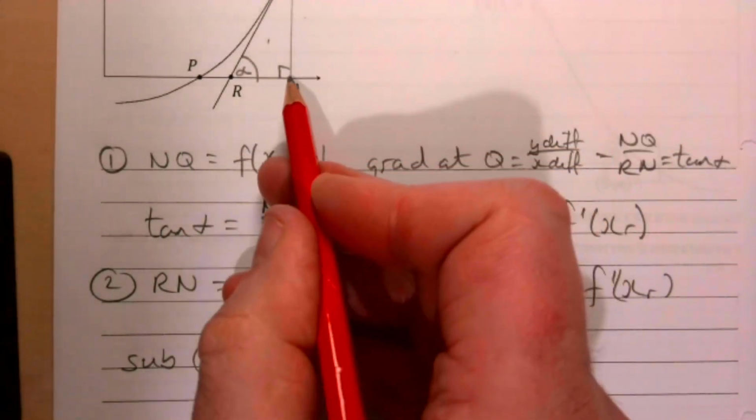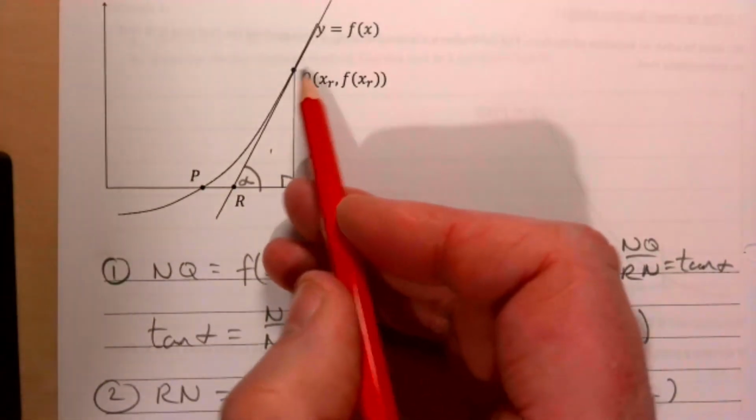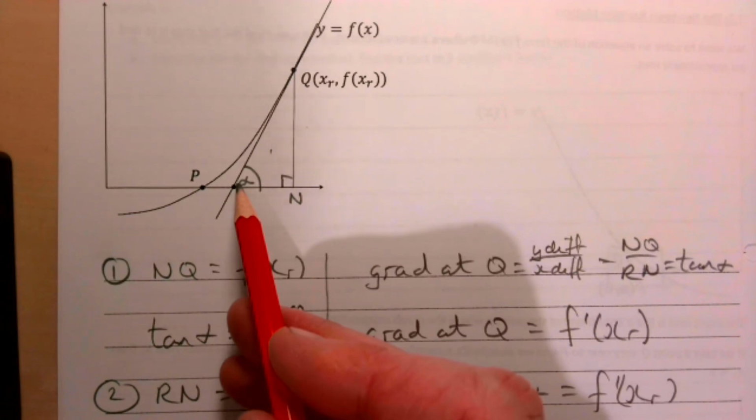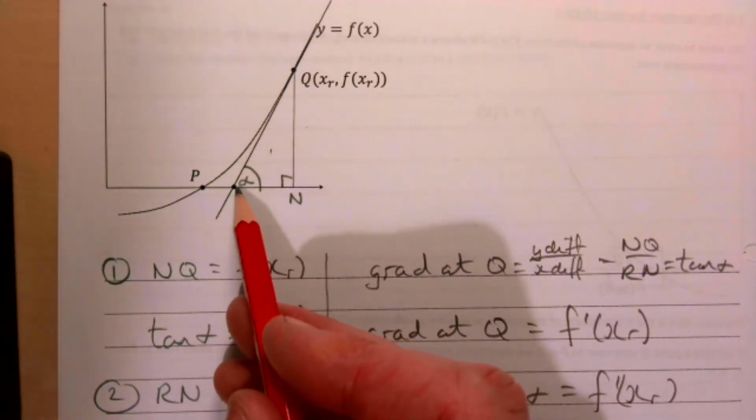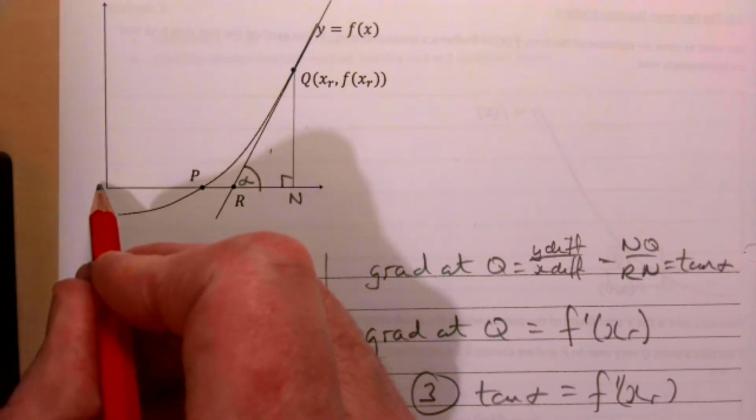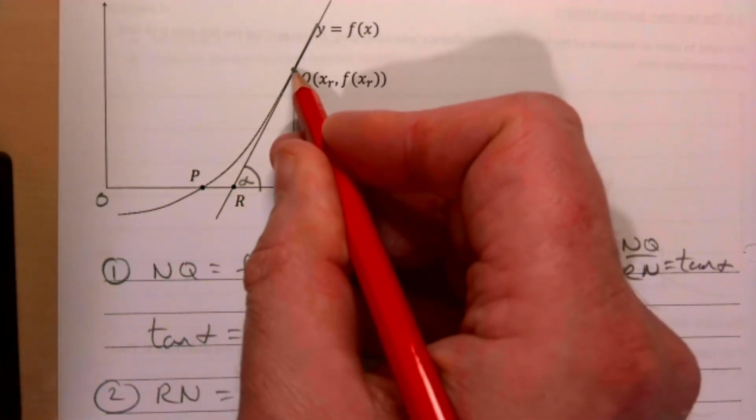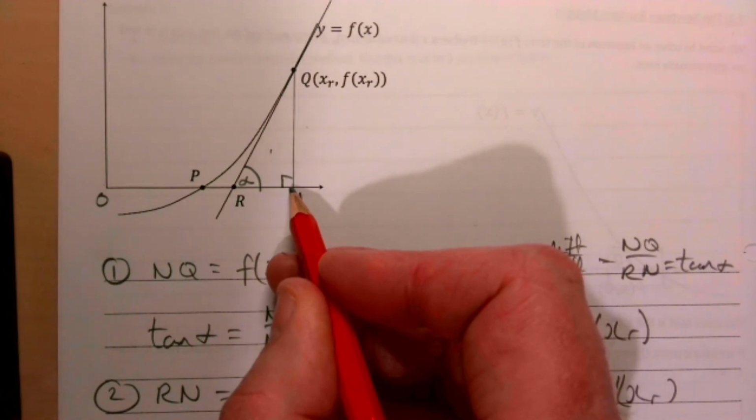And RN is the difference between what we thought was our best guess and this new best guess. So OR, the x-coordinate of what we want, if this is our O, obviously we want this distance here. Our previous best guess was here, our ON.